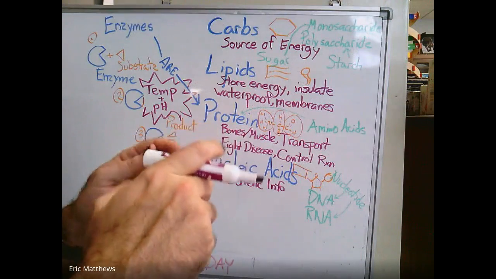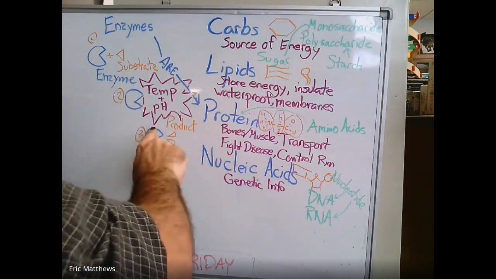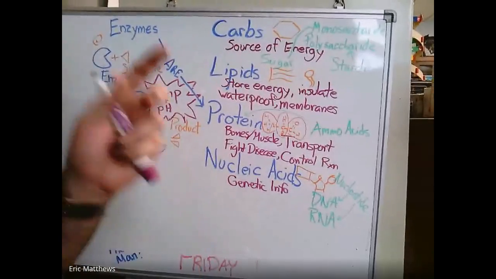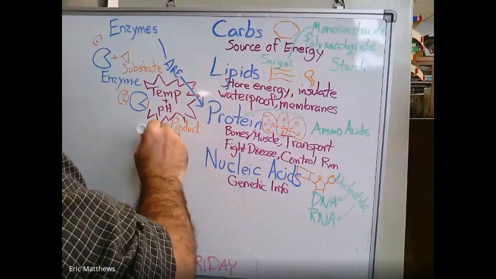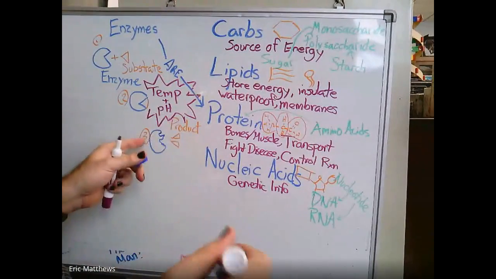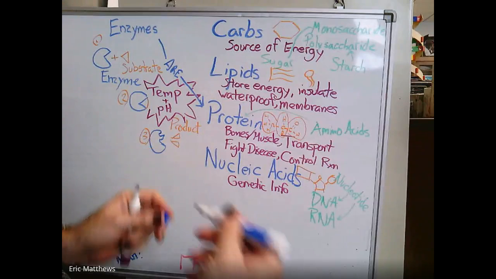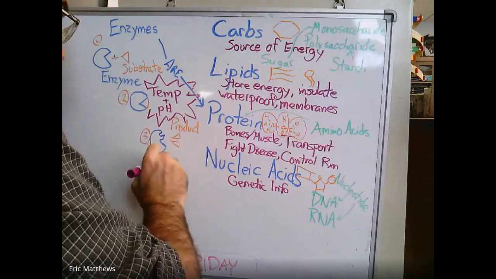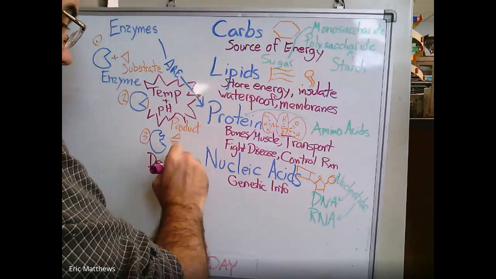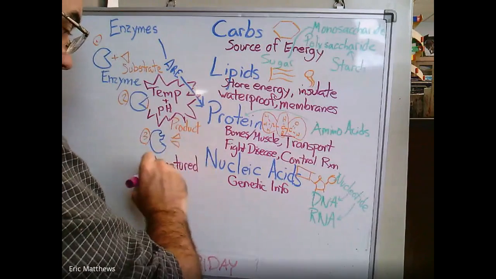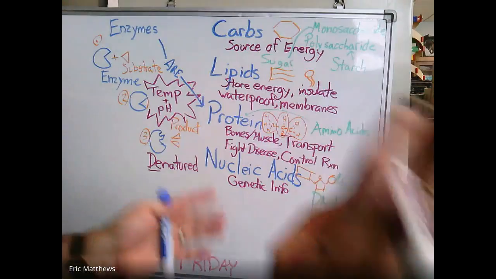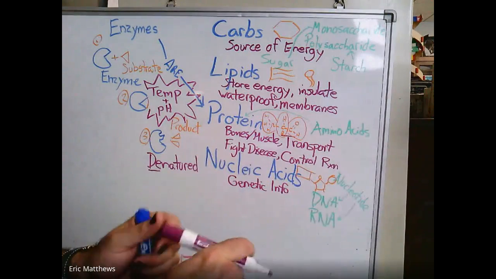Remember, if the temperature goes up or the pH changes, then it is going to change the shape of the enzyme by the end. And this means that the enzyme has been denatured. We have removed the nature of the enzyme. We have stopped it from doing what it should be able to do.